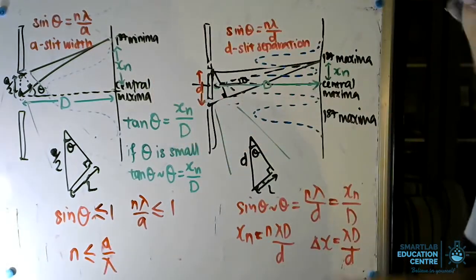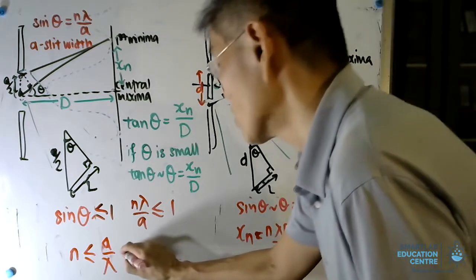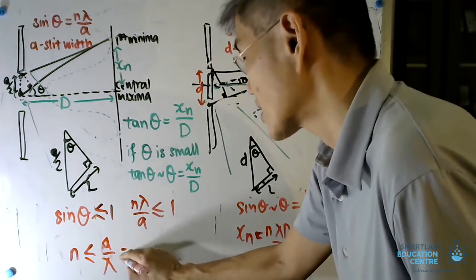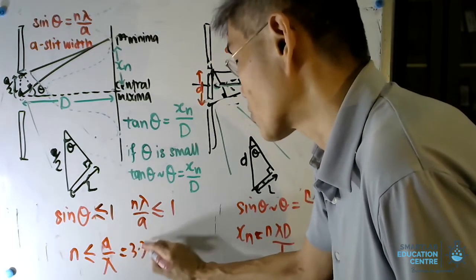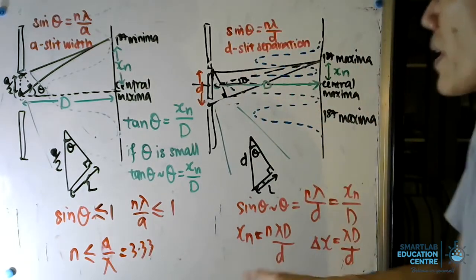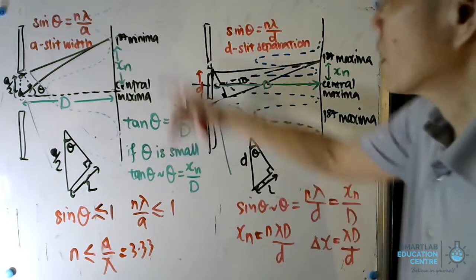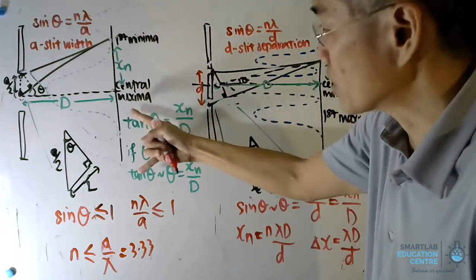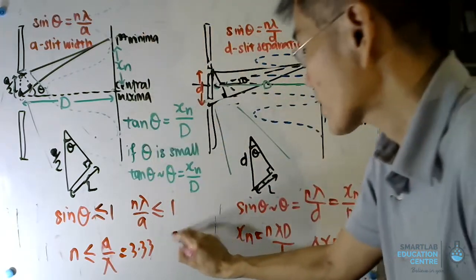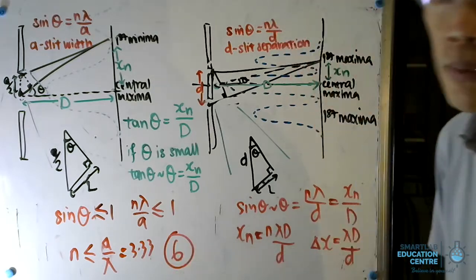All right. So if you do the calculations, and for example, you end up calculating this value as 3.33, therefore the number of minima that you will have will be 3 on the top and 3 below. So total, based on these calculations, there will be 6 minima.